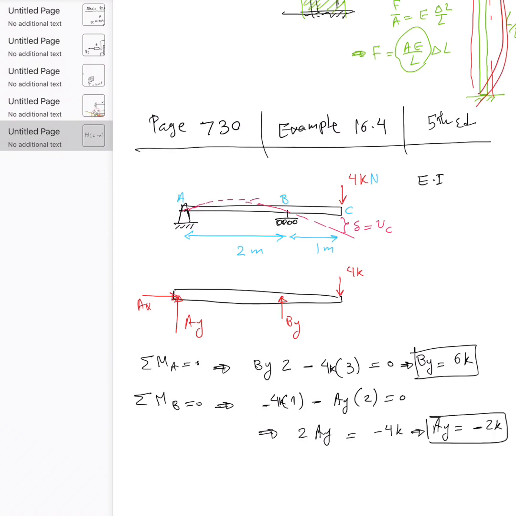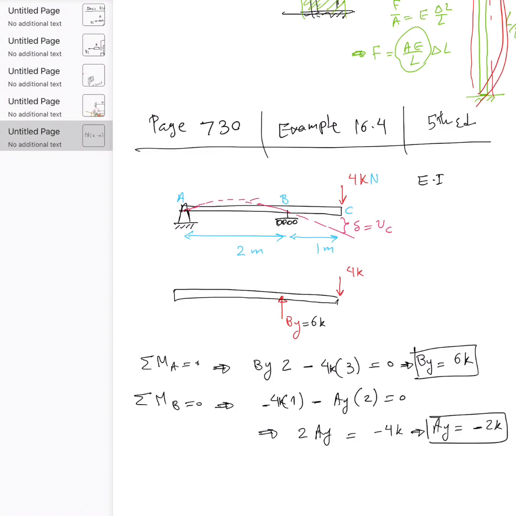So once I get my reactions, I just put it right here. So BY is 6K, and AY goes the other way. Let's erase this direction, and so this is your beam.